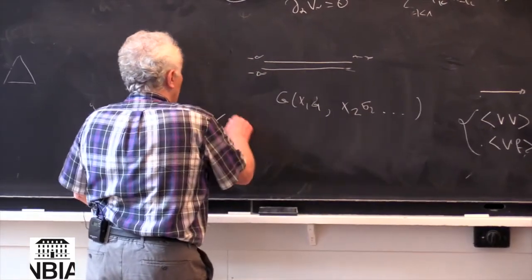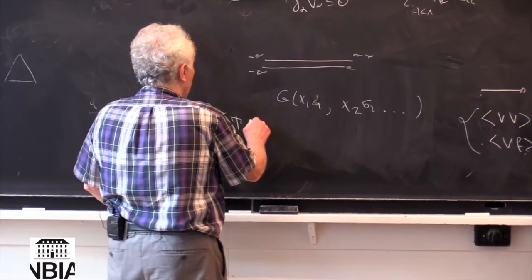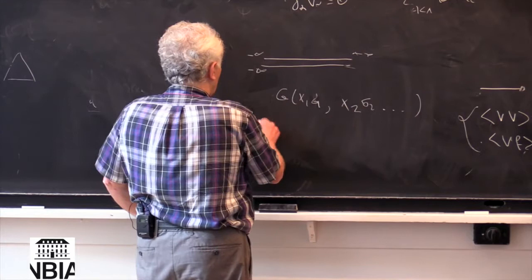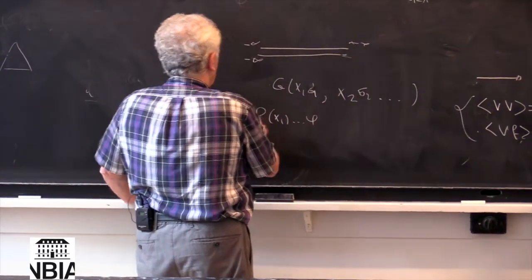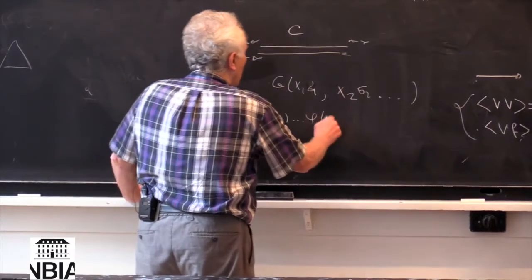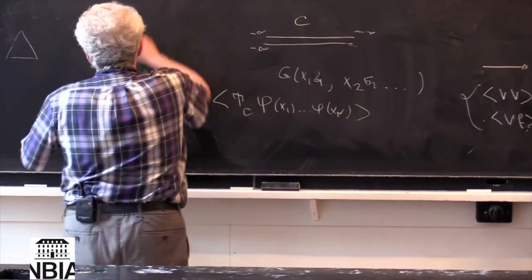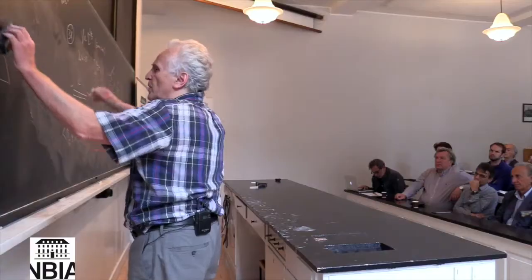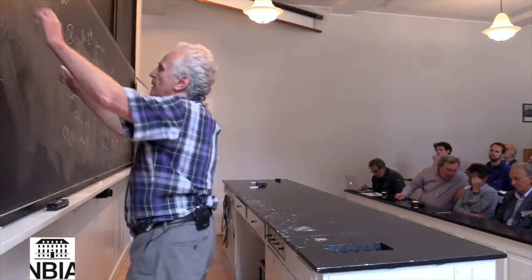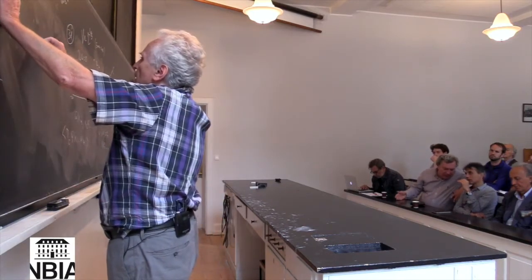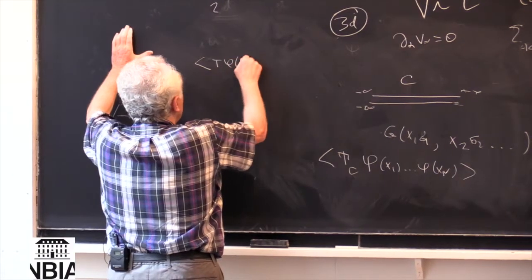It's not obvious in this form, but we define the Green function as a chronological product of some fields. C is this quantum. And as far as the two-point functions are concerned, by changing the basis you have the ordinary T product.